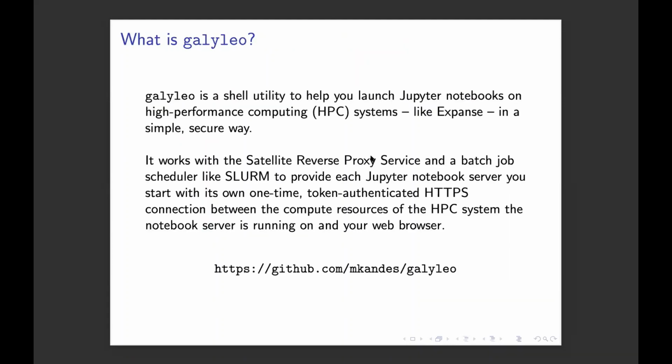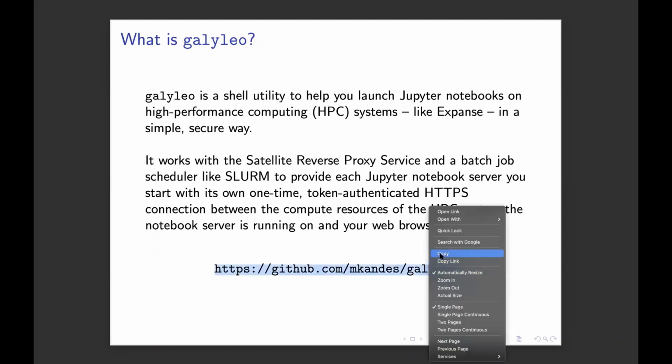Okay, so what is Galileo? Galileo is basically a simple bash script to help you interact with this Satellite reverse proxy service and the Slurm scheduler to launch your Jupyter notebook servers and get this one-time token-authenticated HTTPS connection for your session. The link is here.